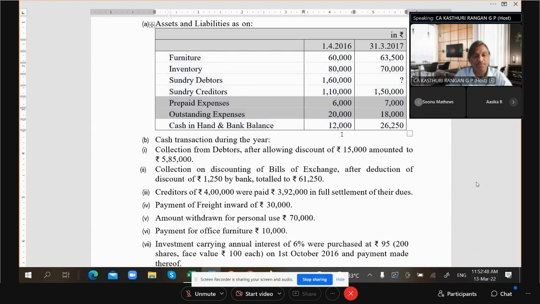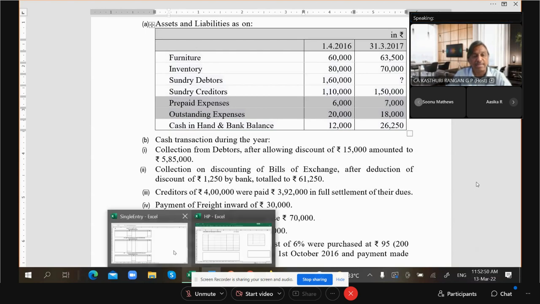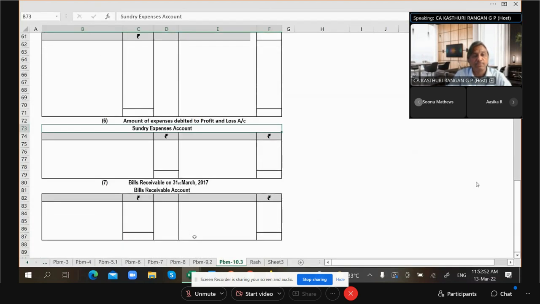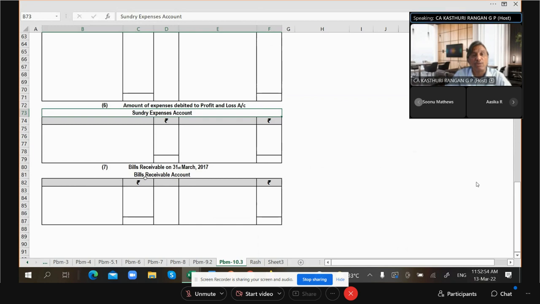So for that purpose only, we open sundry expense account. Bill receivable account. Some customers have accepted a bill in our favor. So for that purpose, you have to open the bill receivable account. So these are the various working notes we will have to prepare for this problem.